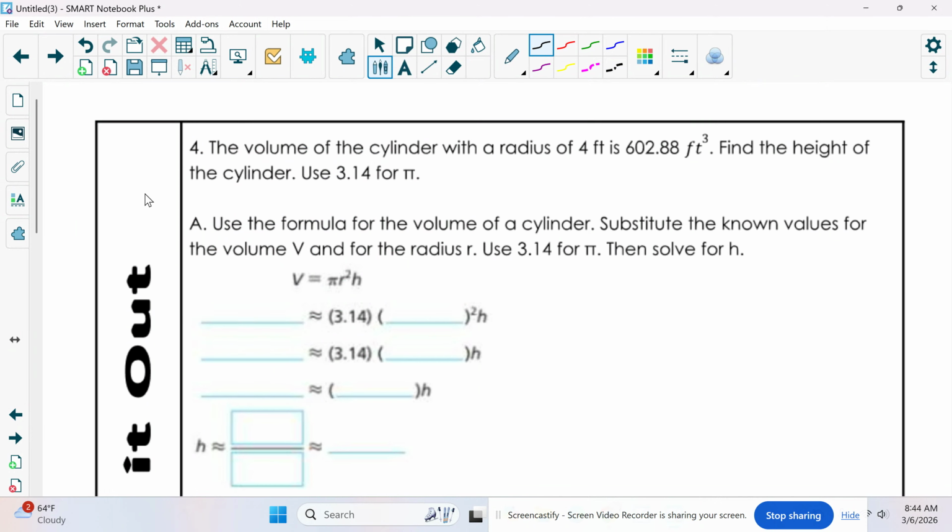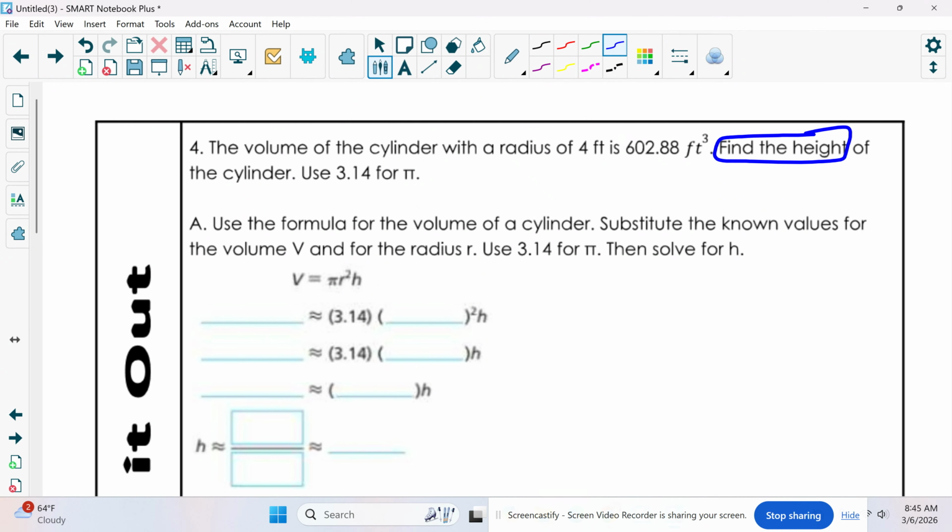So it says the volume of a cylinder with a radius of 4 feet is 602.88 feet cubed. Find the height of the cylinder. Use 3.14 for pi. This is where we need to highlight some things. What is it asking us to find? The height. Find the height.